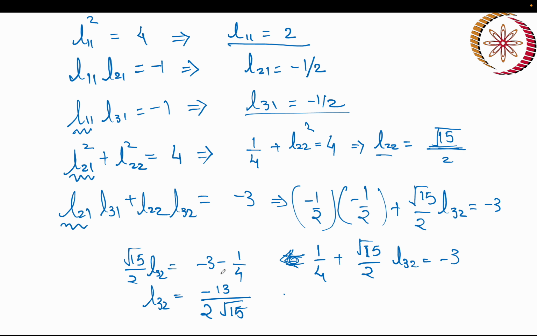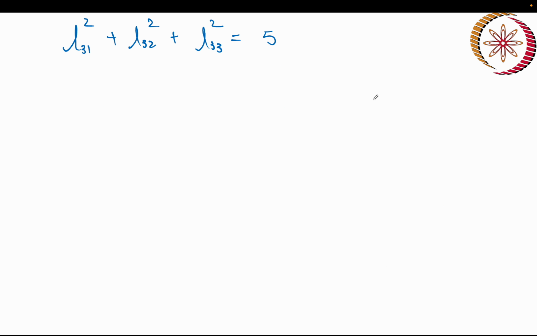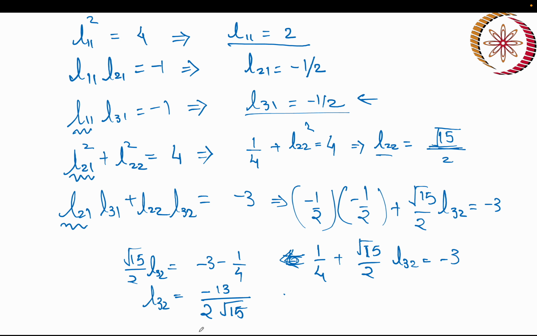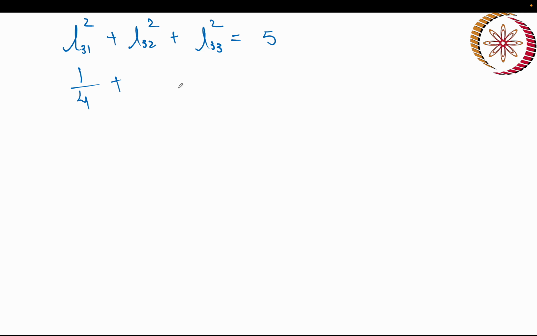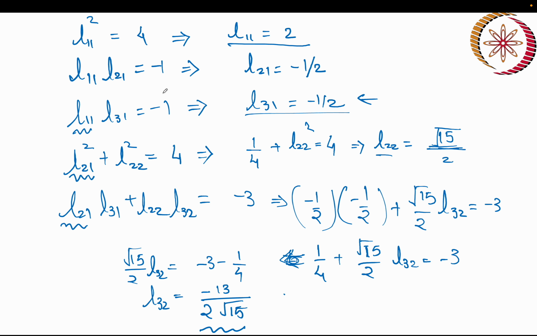L31 is already here, minus half, and if we square it, it will be 1 by 4. L32 we already computed, and if we square it, it will be 169 by 60. 169 is this square and 60 is 4 into 15.